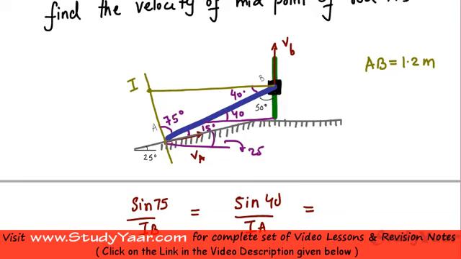What is this angle? This is 180 minus 75 minus 40. So you have sine of 65. This is your 65 degrees. I'll just write it down for you.